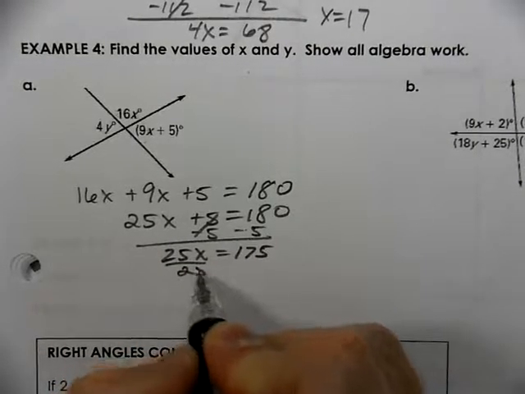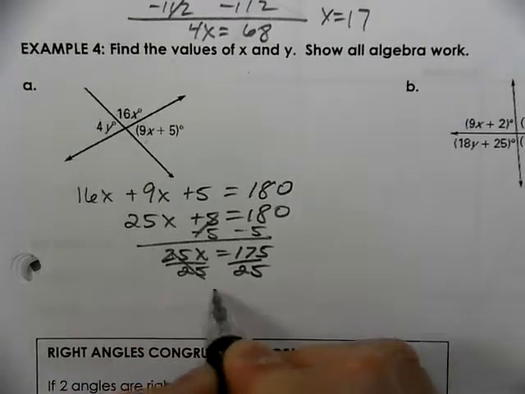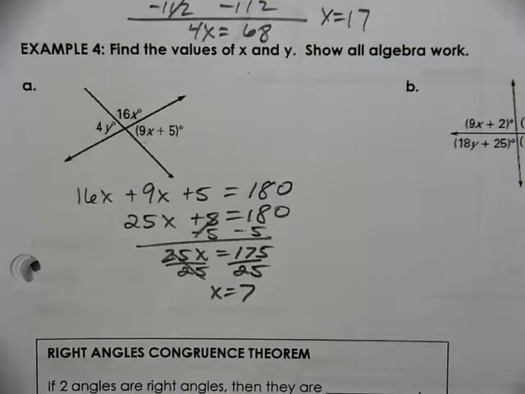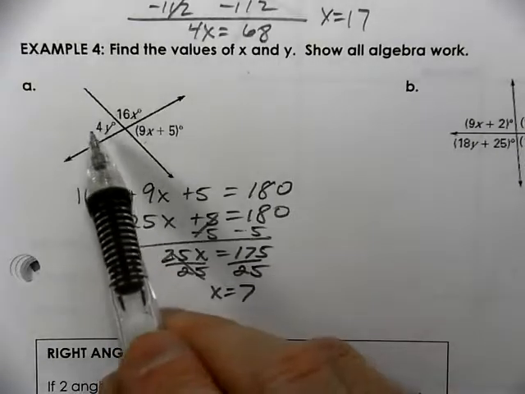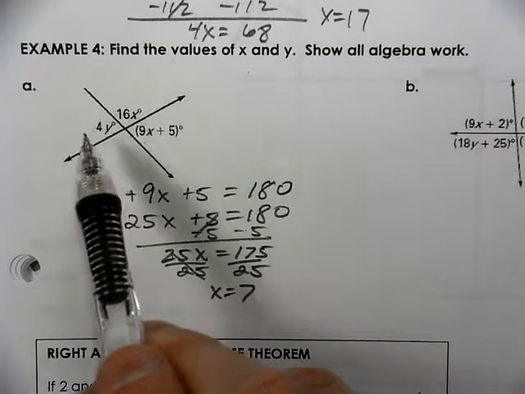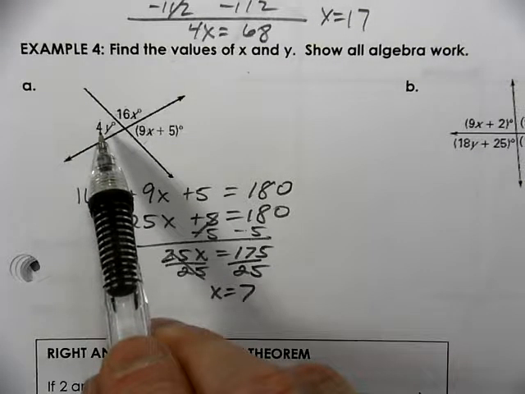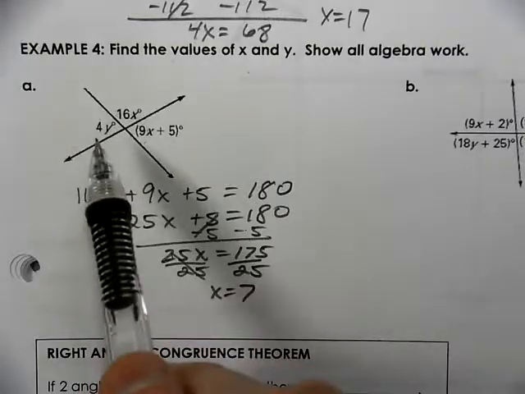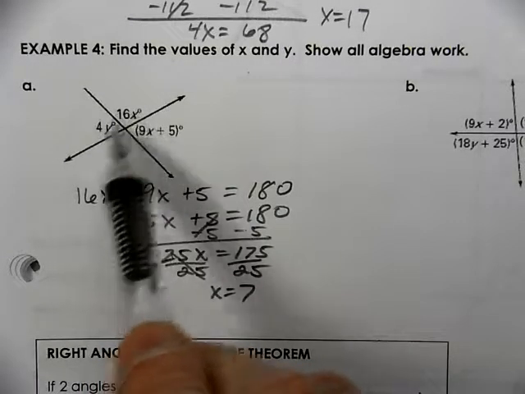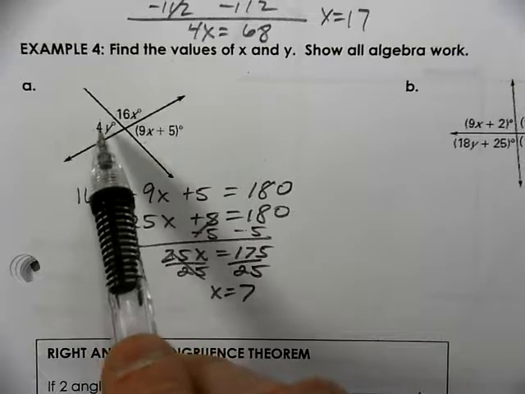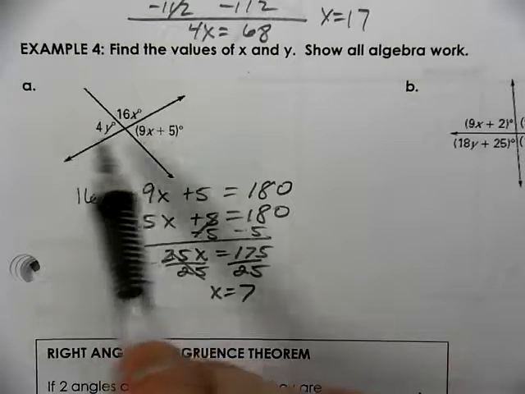And when you divide by 25, x is 7. So if x is 7, we still need to figure out the value of y. Well, y is over here, it's 4y. So I know that 4y and 16x make 180, or I can talk about 4y and 9x plus 5 being equal to each other.